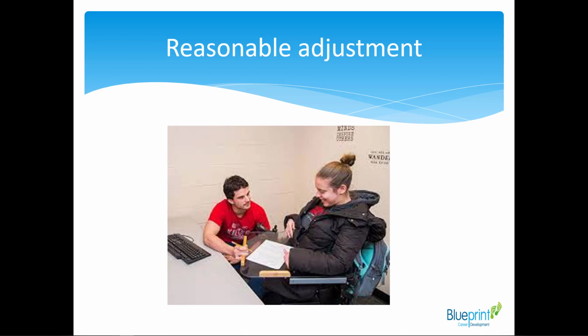So reasonable adjustment is about ensuring that a student with a disability has the ability to be able to do the assessment just like everybody else. Don't forget, it's all about being competent. So the student has to be able to demonstrate competency in the unit that they are completing.